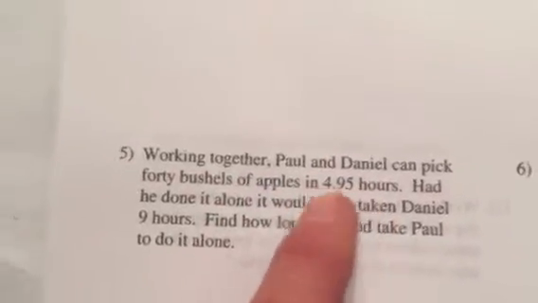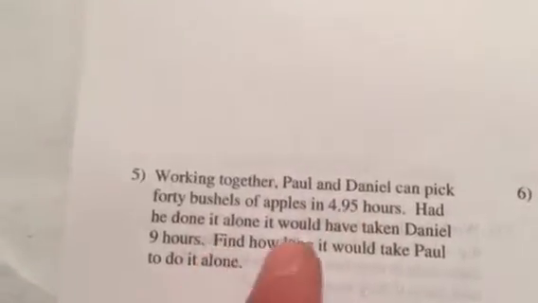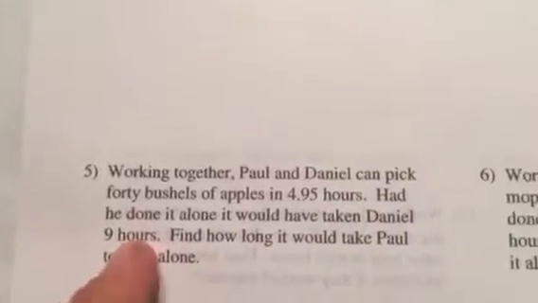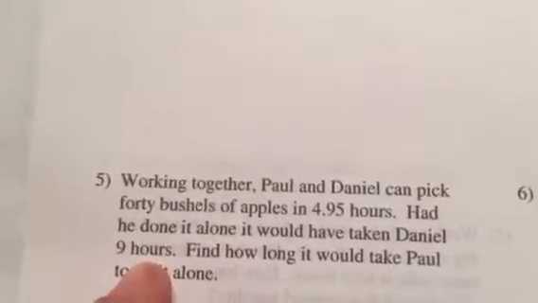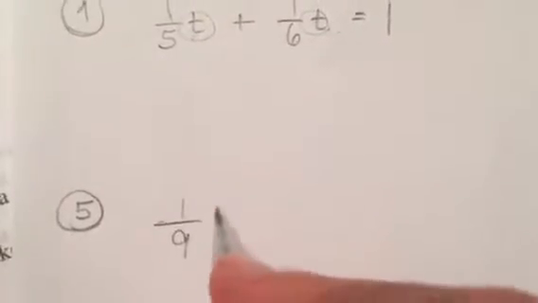There, it's telling me my T. Alone, it would have taken Daniel 9 hours, so in 1 hour he can do a ninth of the job. Typically we would say 1/9 times T.